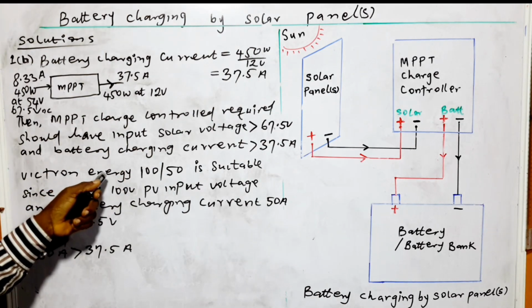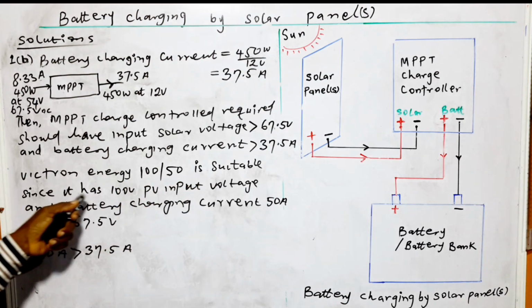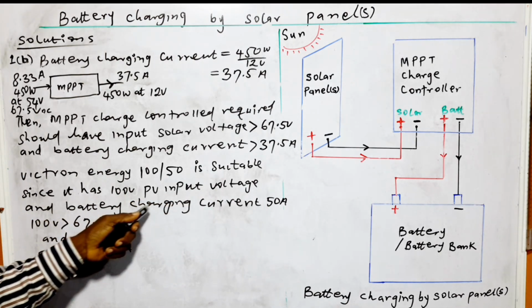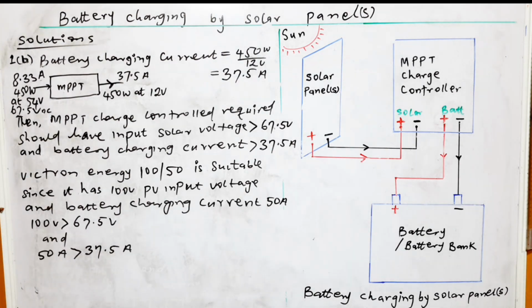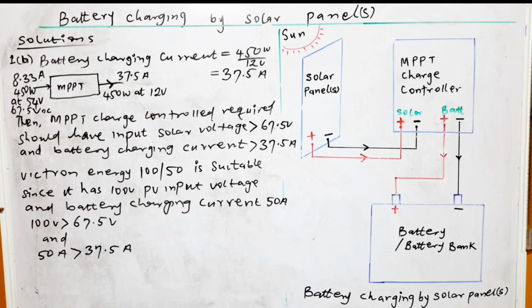A 100/50 charge controller is suitable, since it has 100 volts PV input voltage and battery charging current of 50 ampere. So 100 is greater than the open circuit voltage of the solar panel array, and 50 ampere is also greater than the charging current. And that is the end of the solution to question 1.